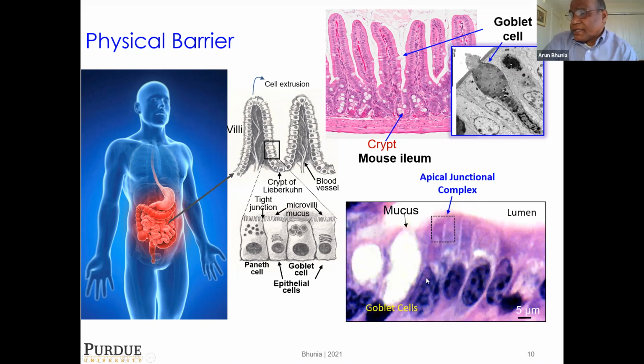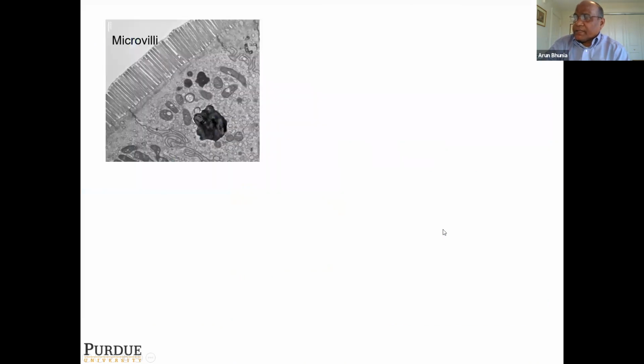And here you can see the epithelial cell lining, and this is the apical junctional complex. And these are the goblet cells secreting mucus. If you look closely at this apical junctional complex in the electron microscopy image, the ultrastructure, these are epithelial cells, and this is the junctional area.